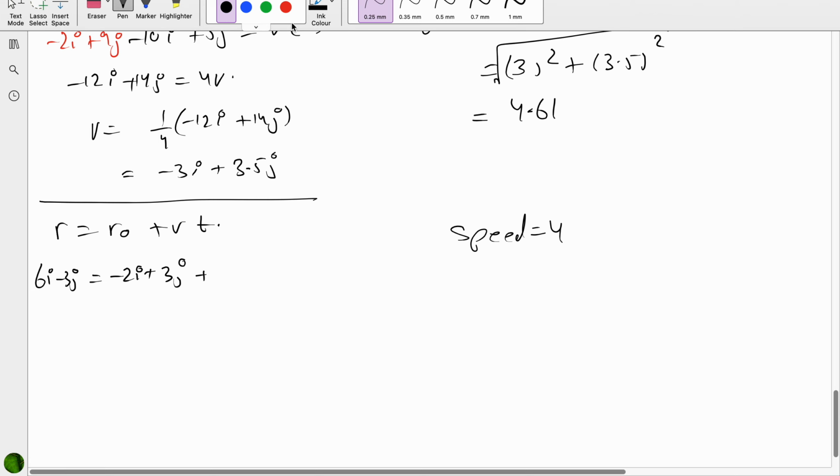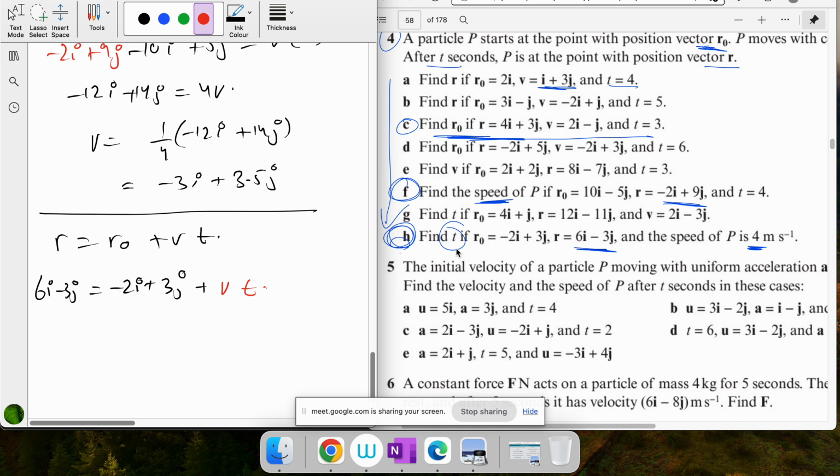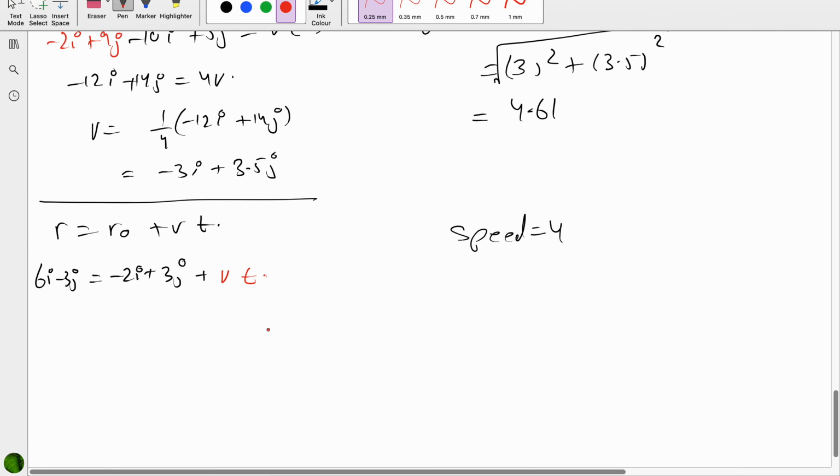Speed is 4, that means the magnitude is 4, v is unknown and t is unknown. Let me just verify. R naught is there, r is there, speed is 4 meters per second.